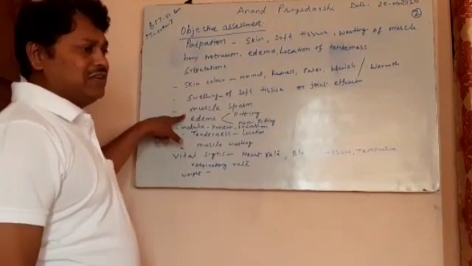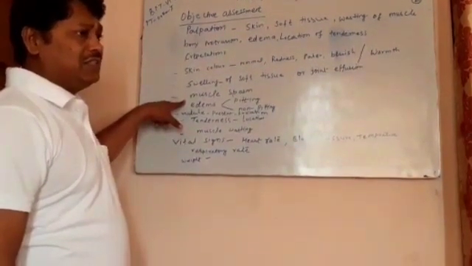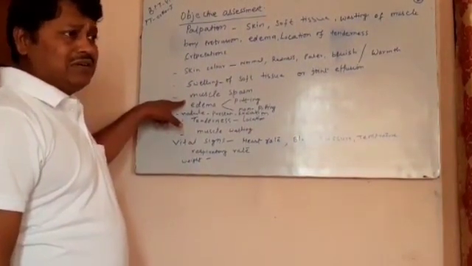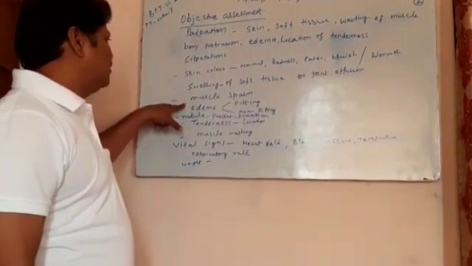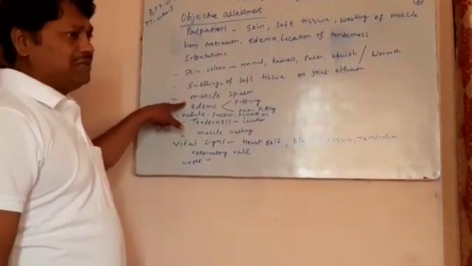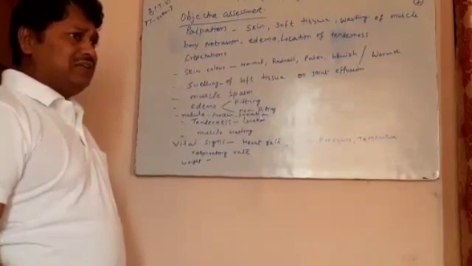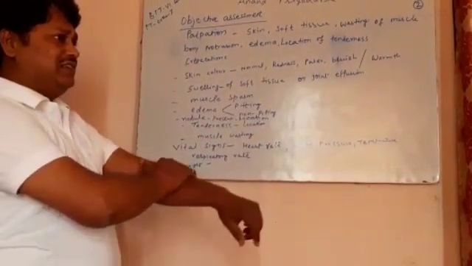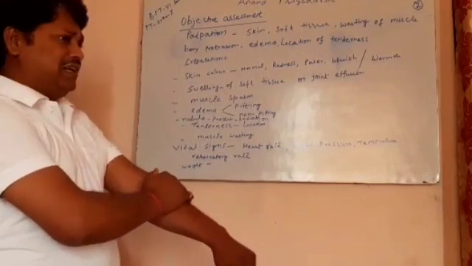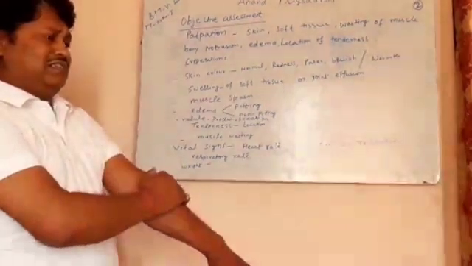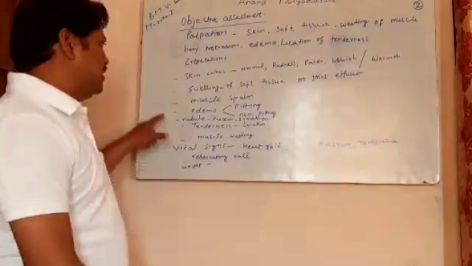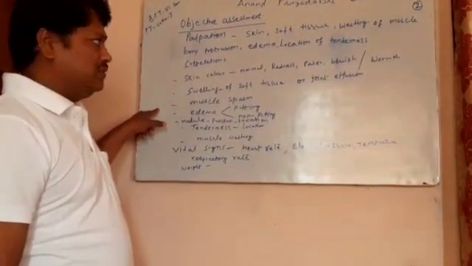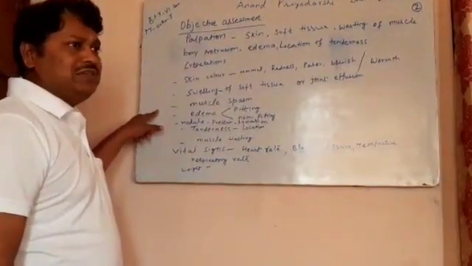Then the muscle spasm. We test whether muscle spasm is present or not. But how can we see the muscle spasm? For seeing muscle spasm, we pick the area or the site which is involved, and then we compress the area and notice the facial expression of the patient.